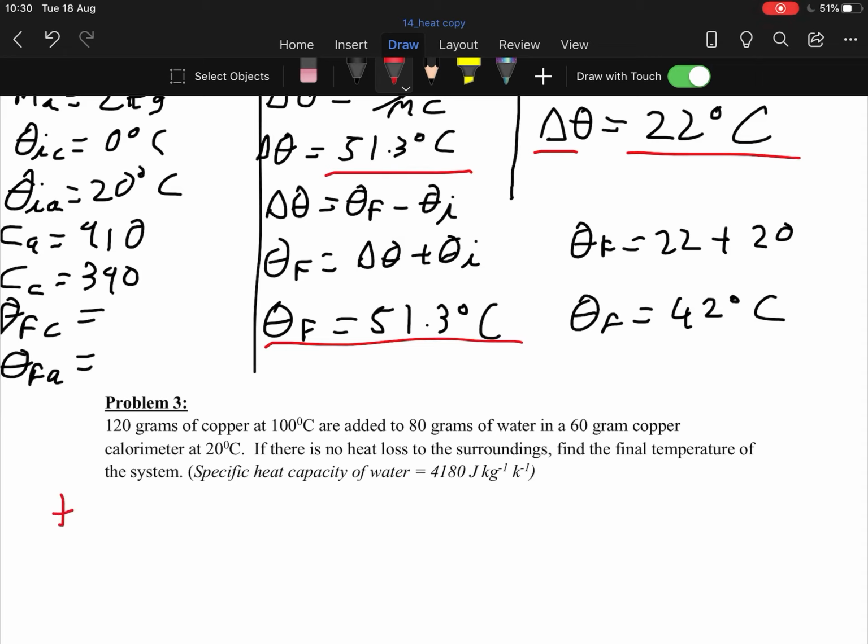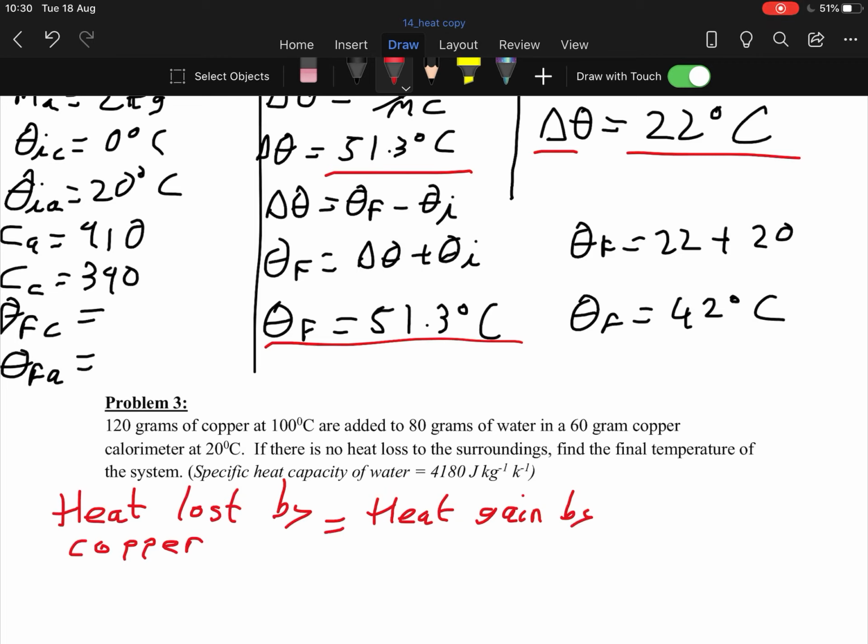So we start with heat lost by. I always put the heat loss on the left and the heat gain on the right. So what's losing heat here? Copper. Anything else? No. Copper's losing heat. So heat gain by.